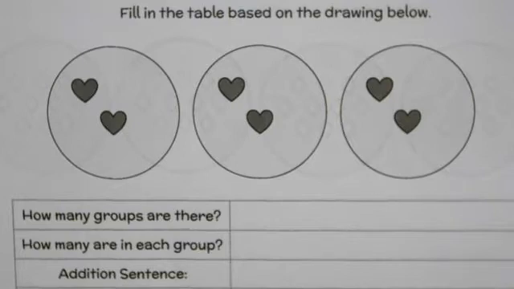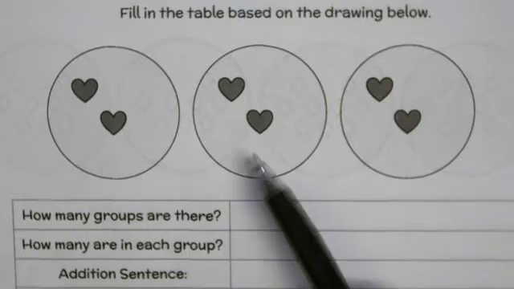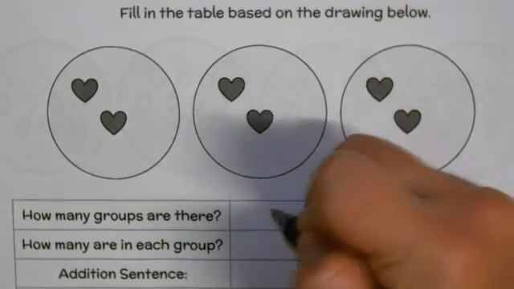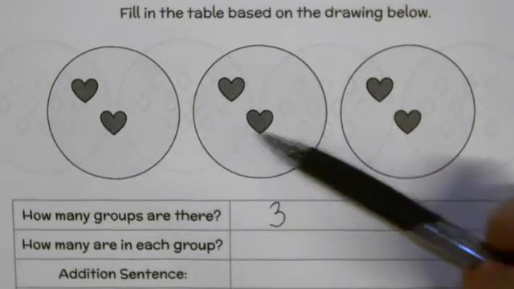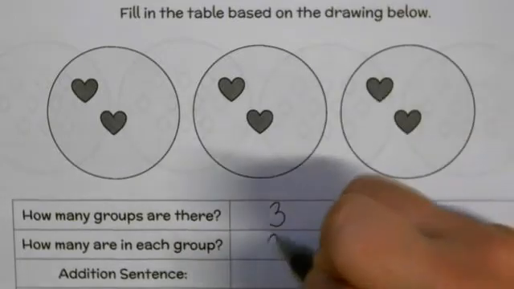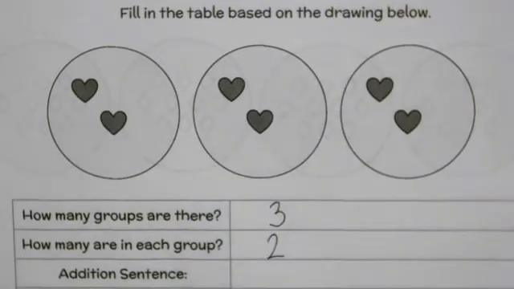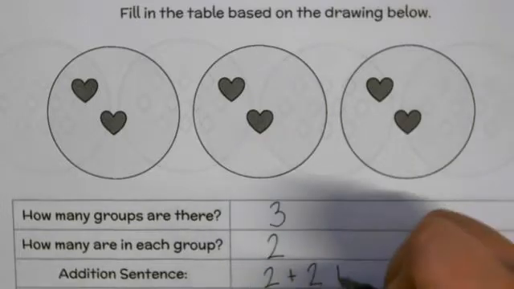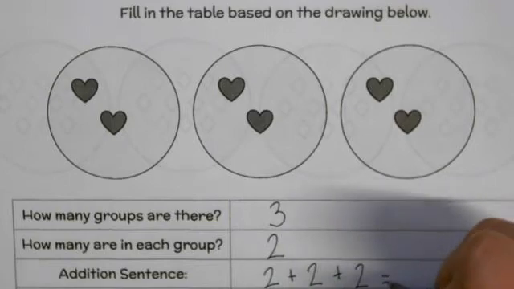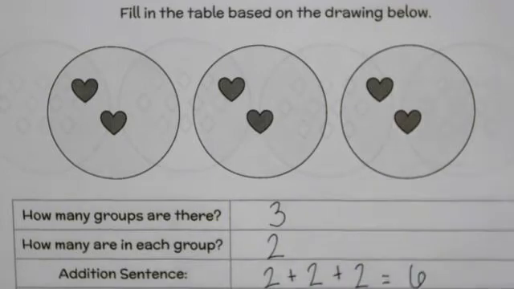Okay, so it says fill in the table based on the drawing below. How many groups are there? So let's see. 1, 2, 3. How many are in each group? 2, 2, 2. Okay, there are 2 in each group. So an addition sentence would be 2 plus 2 plus 2 equals 6.